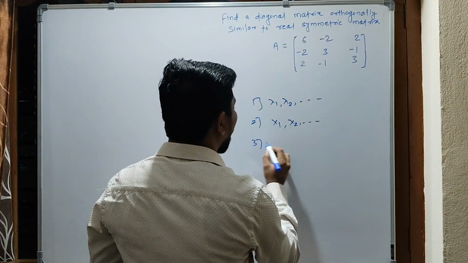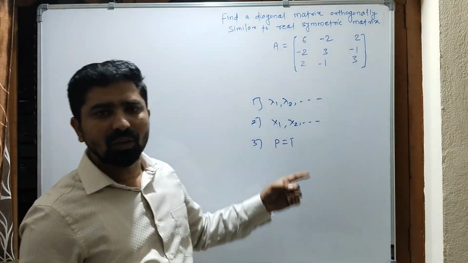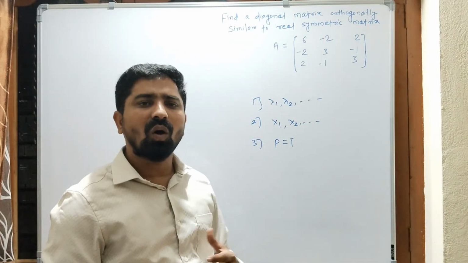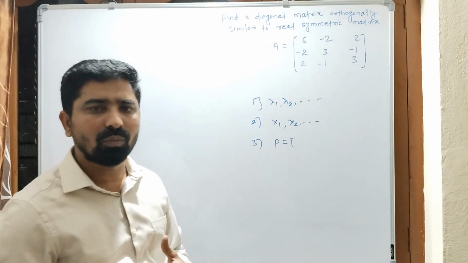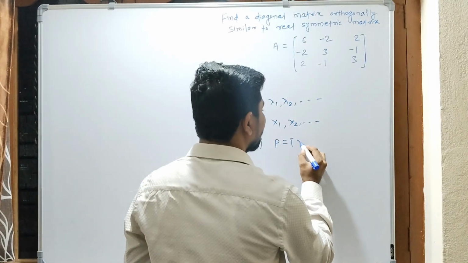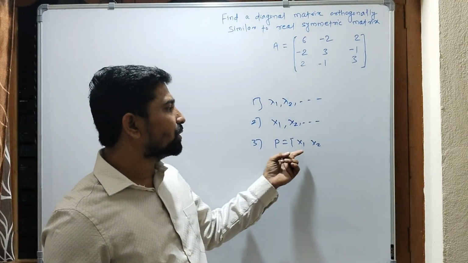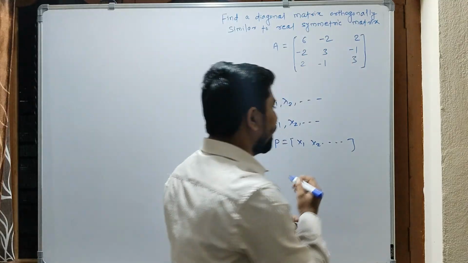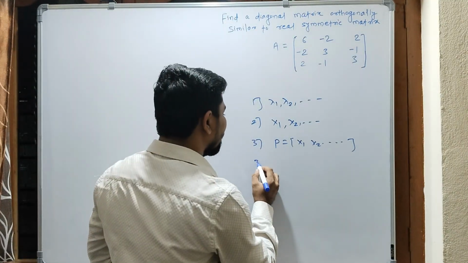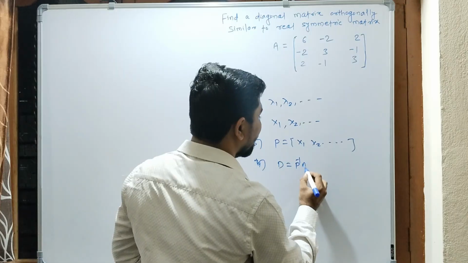The third rule is to form the matrix P, the model matrix having normalized eigenvectors which are mutually orthogonal, where the first column is the first eigenvector, the second column is the second eigenvector and so on. Fourth, D equals P inverse A P.